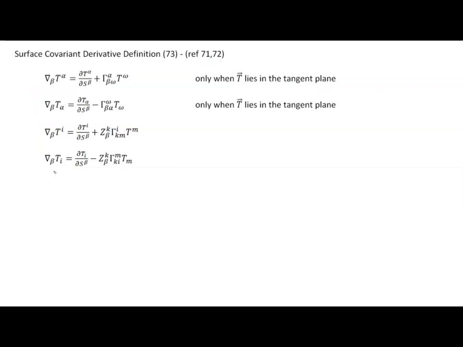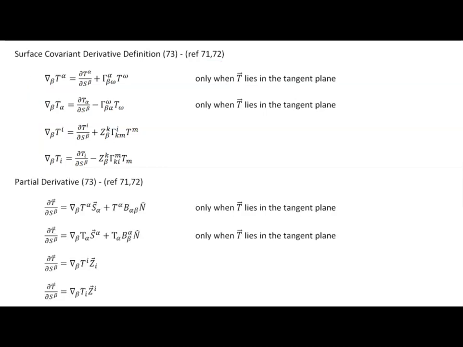Okay, now correspondingly there are four different ways to represent the partial derivative then, depending on which of the definitions is applicable. Again, these two are restricted to vectors that lie in the tangent plane, and these are universally applicable. Now these forms look a lot like what we found in videos 28 and 32.